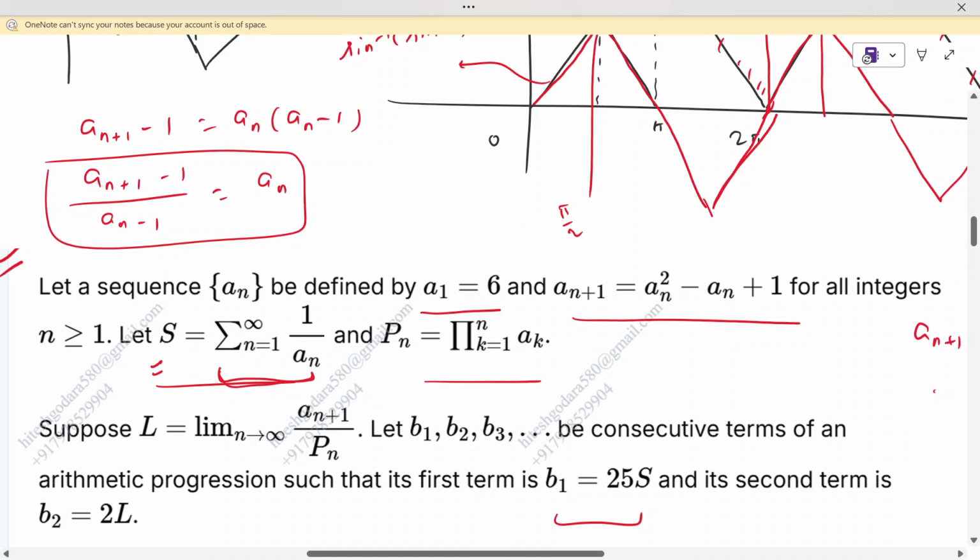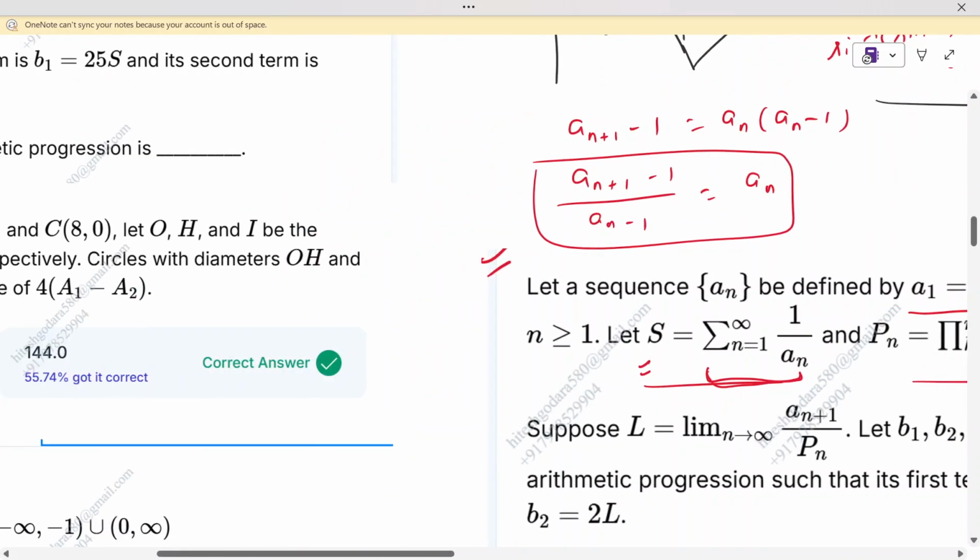So in fact, what I do is start multiplying. When I put n equal to 1, I get A2 minus 1 upon A1 minus 1 should be equal to A1. A3 minus 1 upon A2 minus 1 should be A2. Just multiply all sides. What are we getting?